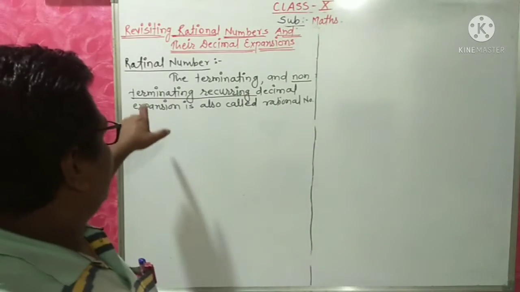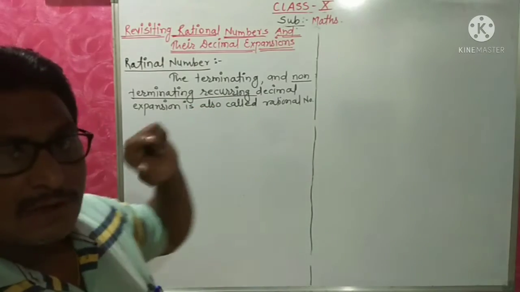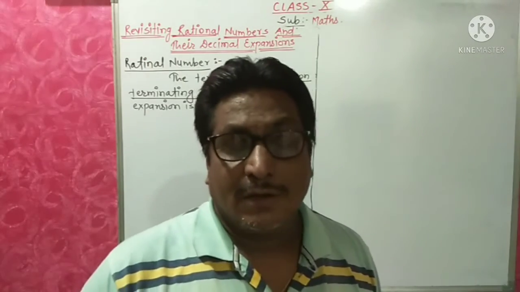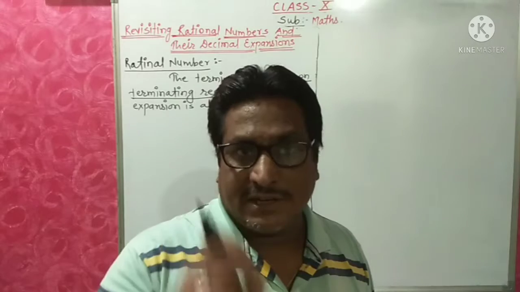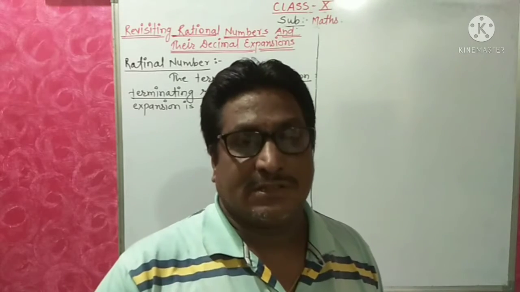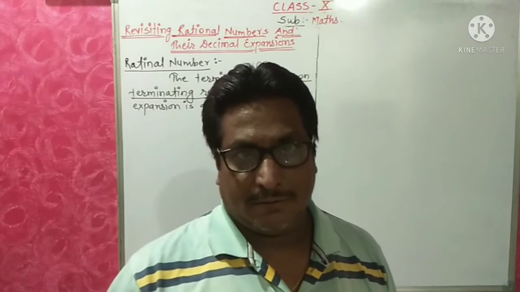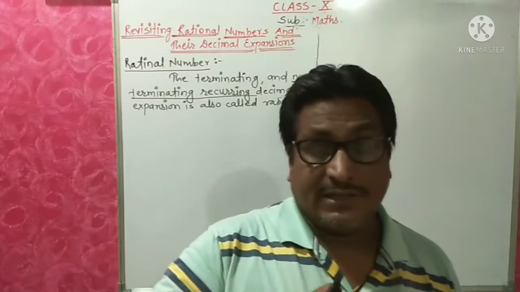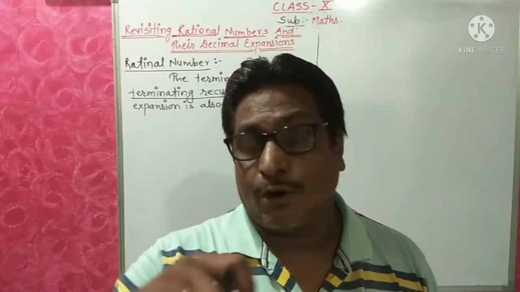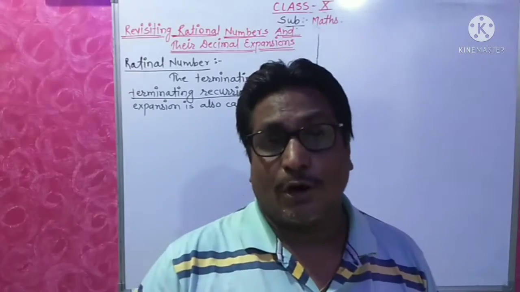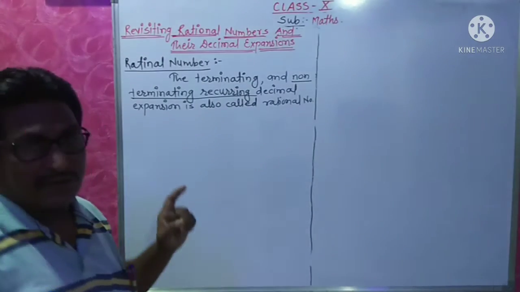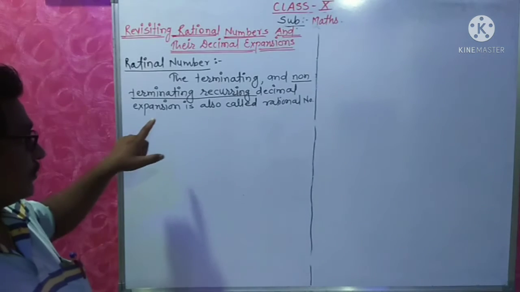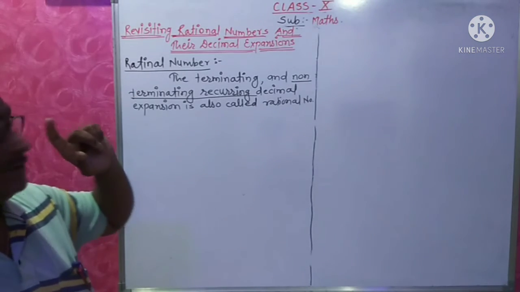Understood? And recurring means the digit or group of digits is repeating. That is called recurring. And if the digit or group of digits is not repeating, that is called non-recurring decimals. Like that we studied.